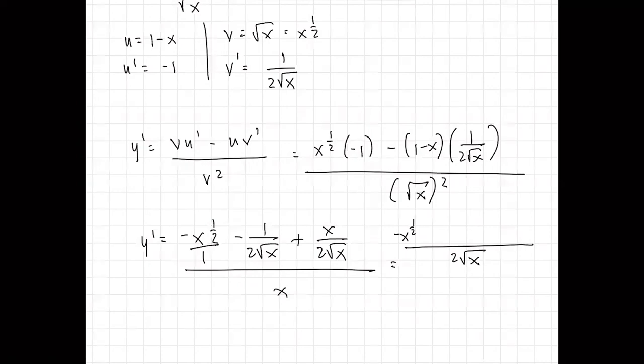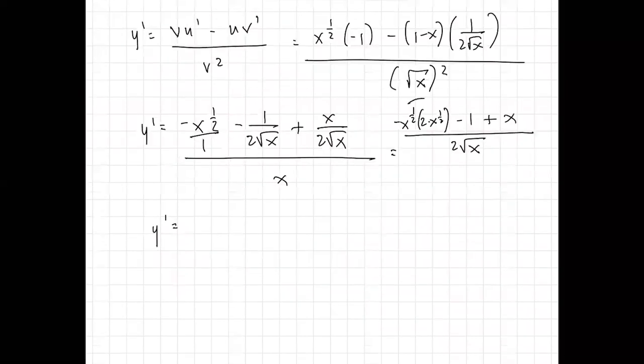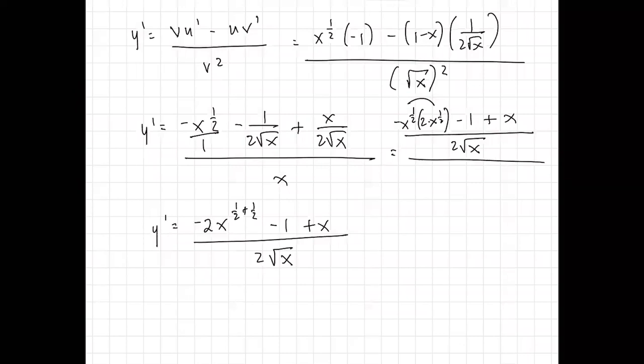So we have y prime is equals to, so multiply natin to, we have negative 2 x raised to 1 half plus 1 half, multiplication ng exponent, nag-multiply tayo ng variable, yung exponent niya nag-a-add. Then we have negative 1 plus x over 2 square root of x over x po pala to.